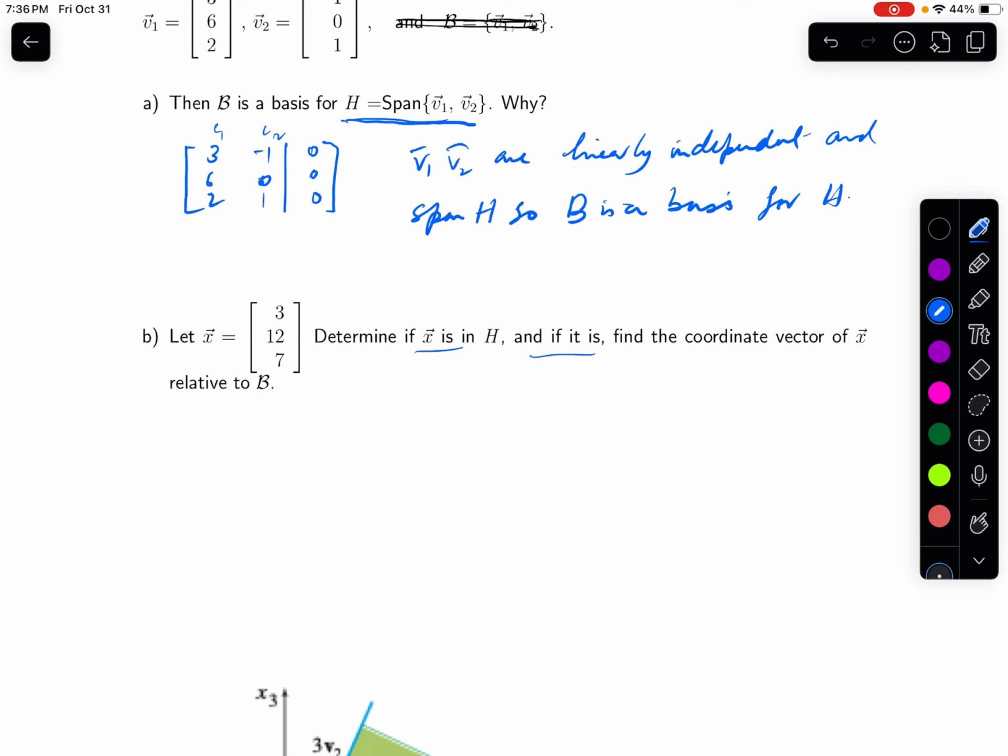So I swap these two rows. Now I multiply the first row by 1 over 6. So I get 1, 0, 2, and 3, negative 1, 3, and 2, 1, 7.